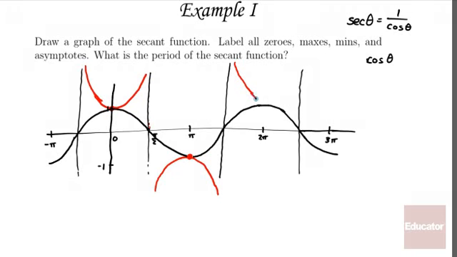And then when cosine is positive again, secant is positive again, going up to positive infinity on both ends there. So that's what the secant function looks like.